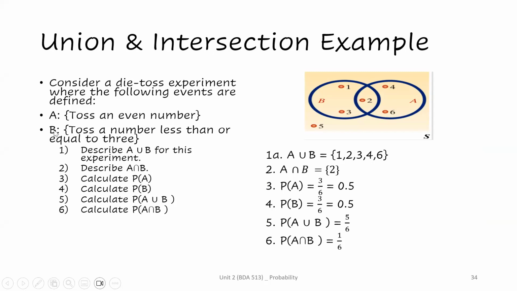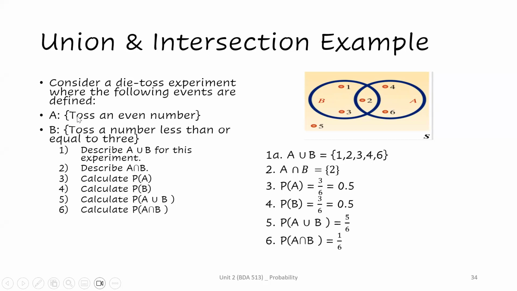And then set B: a number that is less than or equal to 3. The numbers less than or equal to 3 are 1, 2, 3. Can you see it? Yes, sir. And then A is even numbers, that is 4, 2, 6. But the 2 belongs to B as well as A. So here the 2 is the intersection.